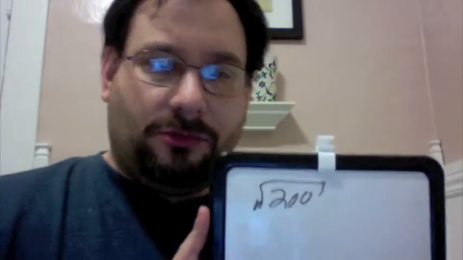Now, let's go to something a little bit bigger, same idea. We want to simplify the square root of 200. Now, we have to ask ourselves, what perfect squares can factor to give us 200? Well, our smallest perfect square is 4, and it's true that 4 times 50 is 200, so that could work.